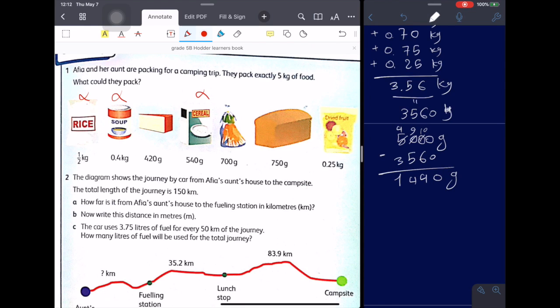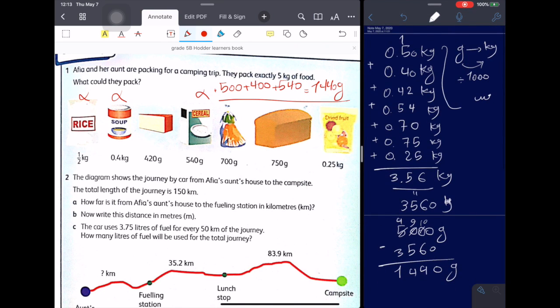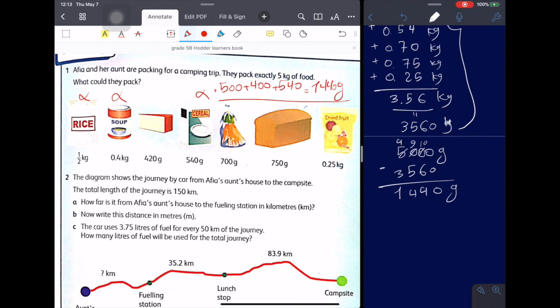In this case, I'm going to have 500 plus 400, which is soup, and 540, which is cereal, and I'm going to end up with 1,440 grams. So these are going to be extra, plus all of the other items I added here, and they are going to make exactly 5 kilograms.